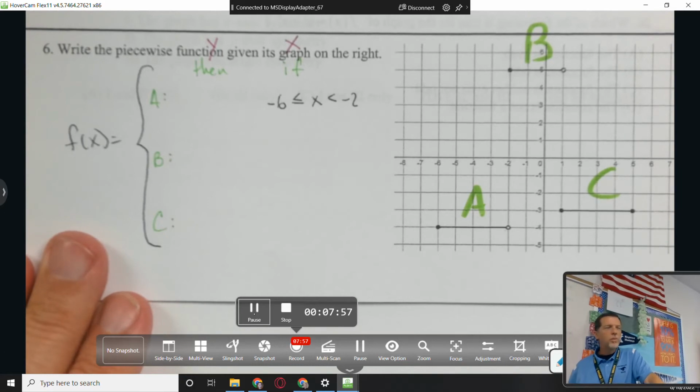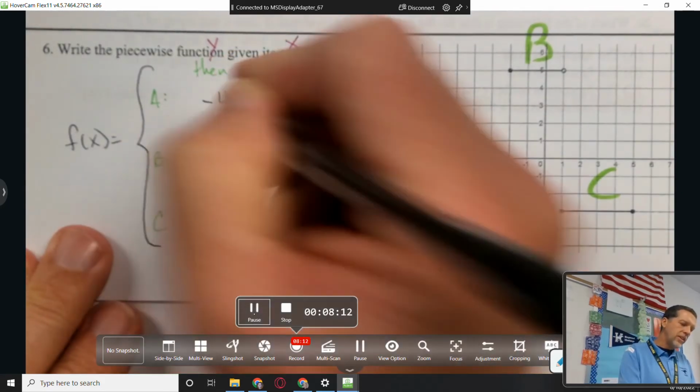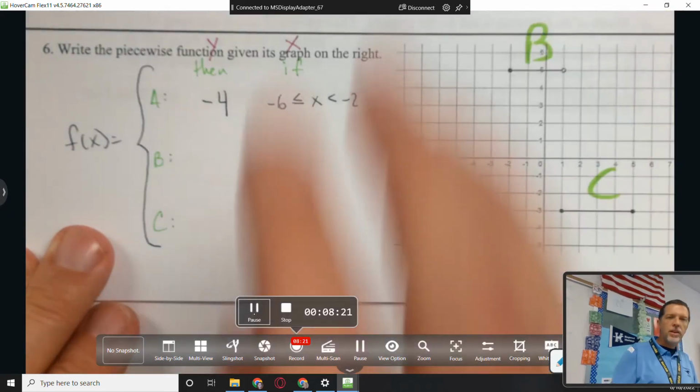So some of the open circle, closed circle stuff going on there. What's the y value of branch A? -4. So this is going to be a relatively easy function because they're all constants. So it's not too bad. Why don't you see if you can figure out pieces B and C?